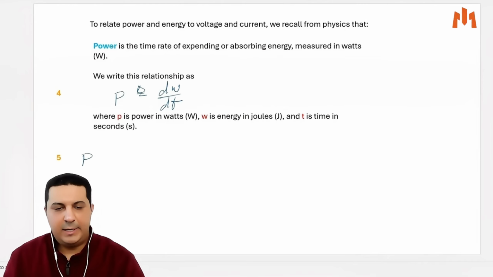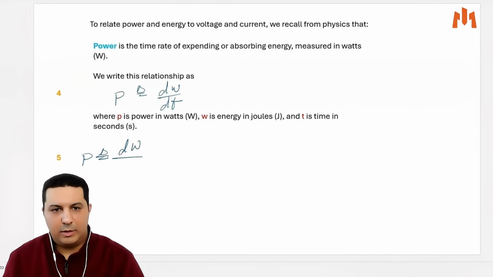So as you see, P is defined as dW divided by dt, and so I can write this as dW divided by dq multiplied by dq divided by dt.